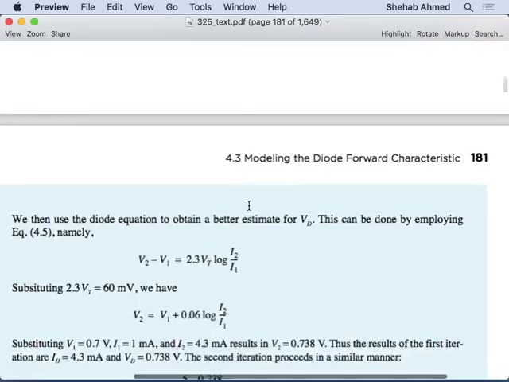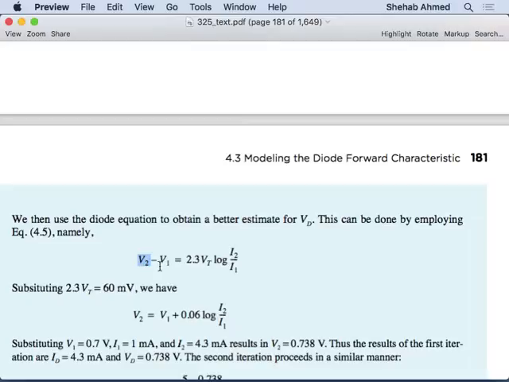The other equation we can utilize for that is V2 minus V1 is equal to 2.3 Vt log I2 over I1. We know that V1 is 0.7 volts, and I want V2, the voltage at my next iteration.